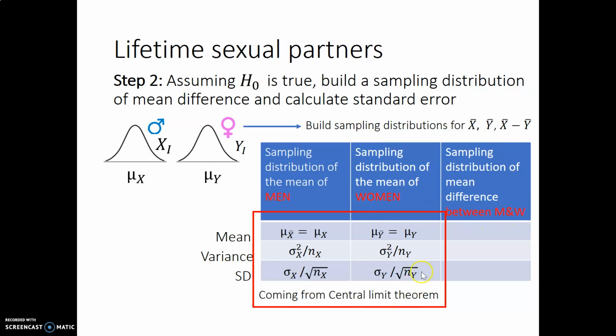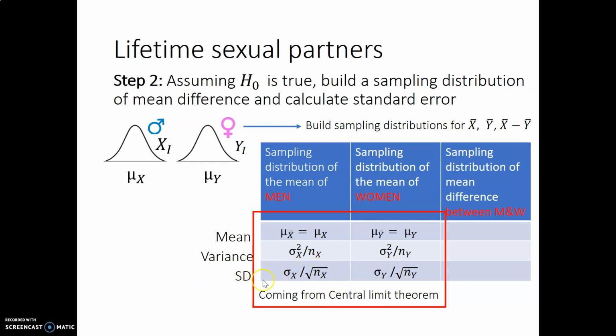Let's focus on the first two columns first, and then talk about the third. In the first row, we find the mean of these sampling distributions, and in the second row, we calculate the variance of the sampling distribution of the mean. You know how to calculate that, according to the central limit theorem.